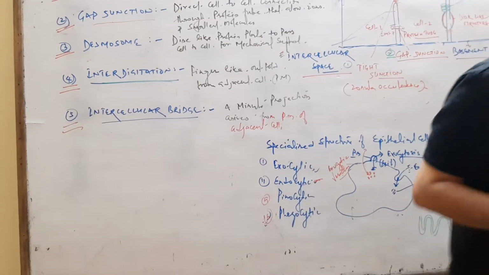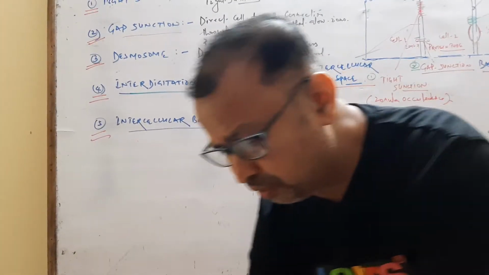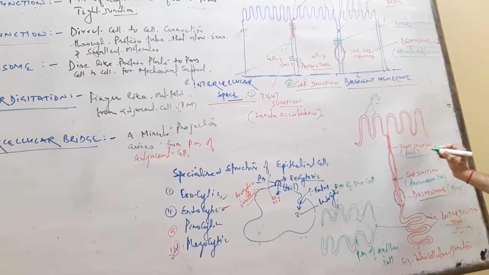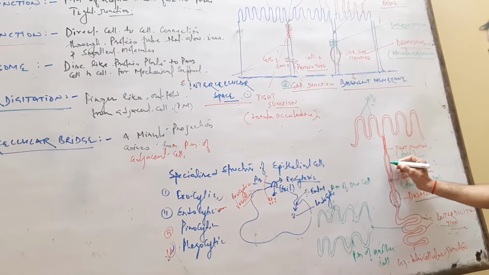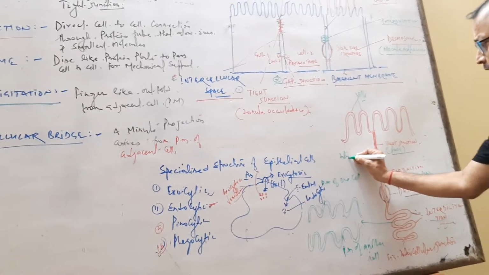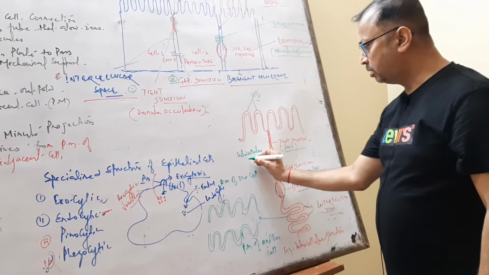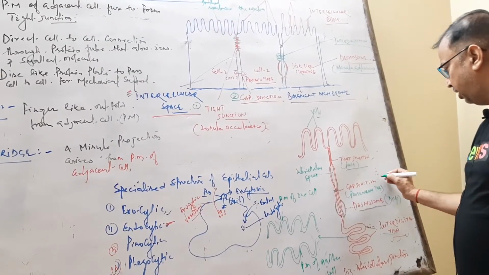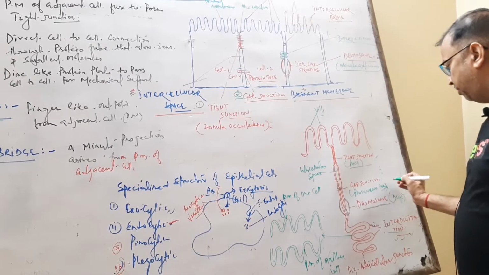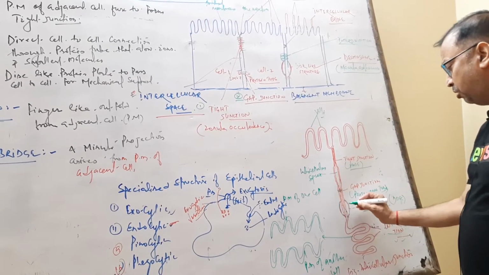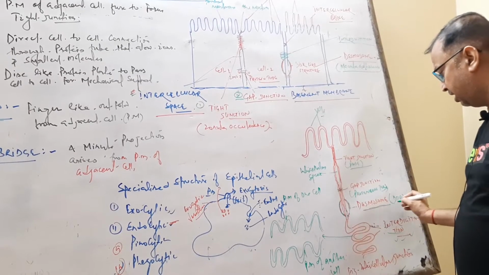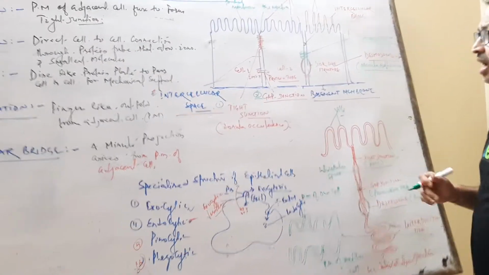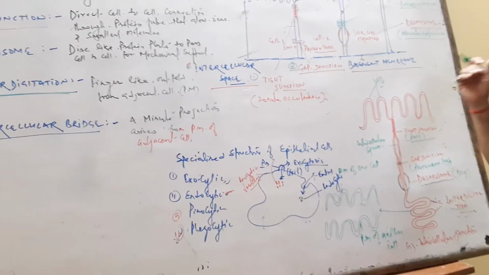Here is the separate structure we are going to discuss. Here is the tight junction, where the cells are completely fused. This is the intercellular space, and the proteinous tube developed is called gap junction. In desmosomes, a disc-like protein structure is called desmosome. Desmosome is also called macula adherens, and tight junction is called zonula occludens.